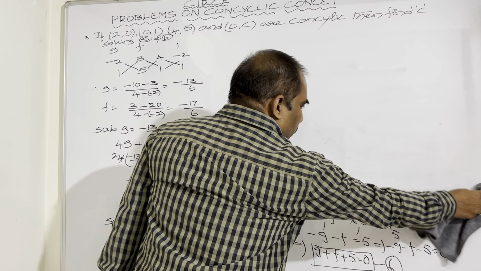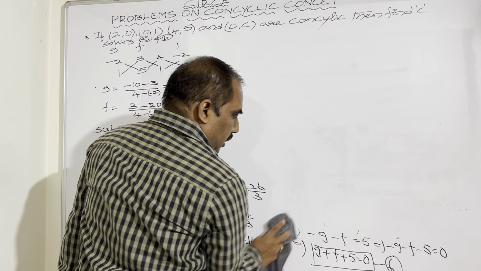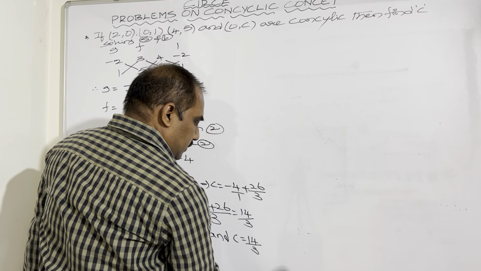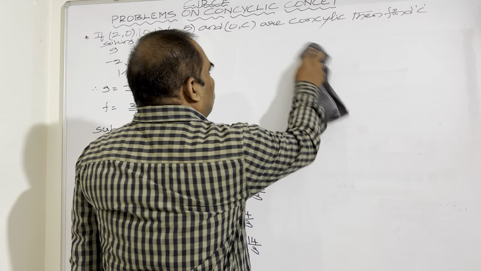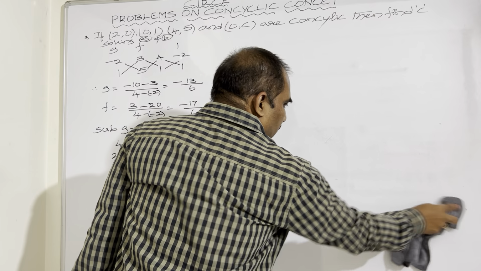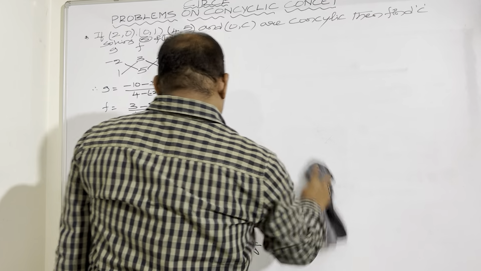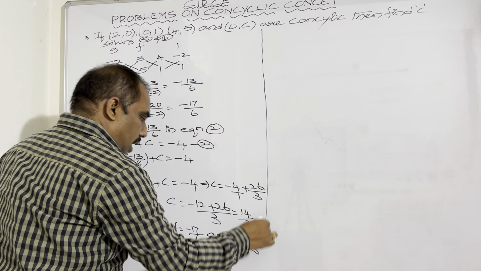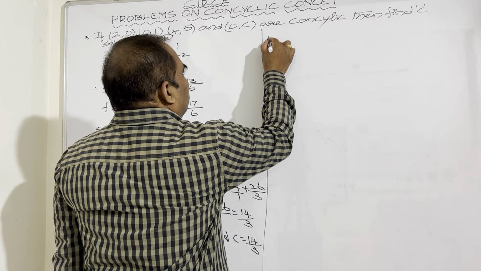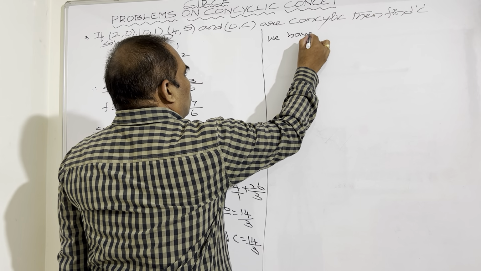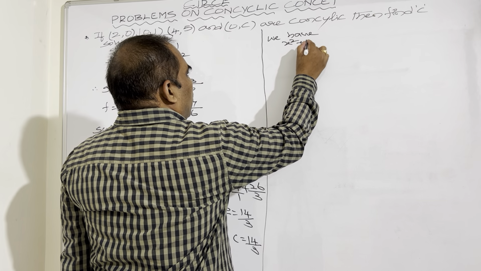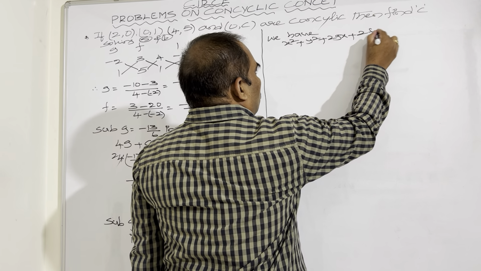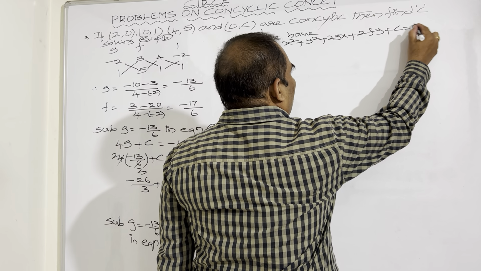In this, substituting the values g, f, c to get the equation of the circle. So x square plus y square plus 2gx plus 2fy plus c is equal to 0.